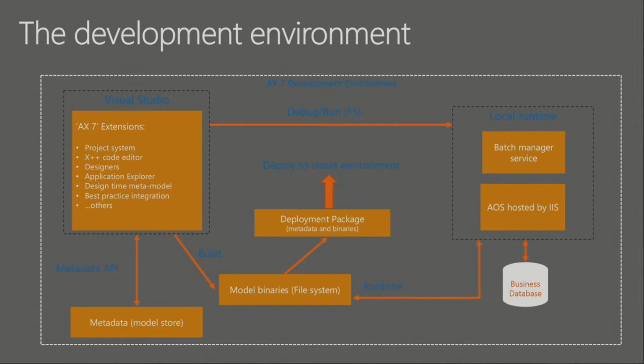When you do a compilation, a build, you will get your model binaries, which are DLLs. You will also get some other things, some metadata files that are needed for reflection at runtime and so on. But the crucial point here is that there is a divide that goes through this picture from here to here. During development, you do not need a running system.